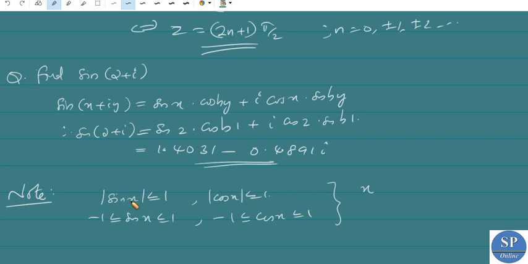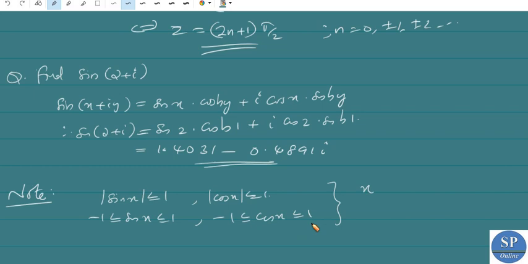But these inequalities do not hold in the case of a complex variable. That is, in the case of complex sine and cosine, these inequalities do not hold. That means we cannot say that minus 1 is less than or equal to sin z less than or equal to 1, and minus 1 less than or equal to cos z less than or equal to 1.